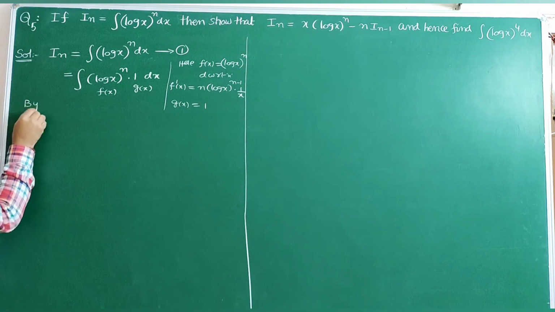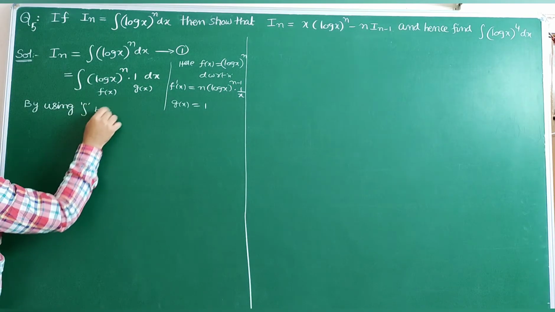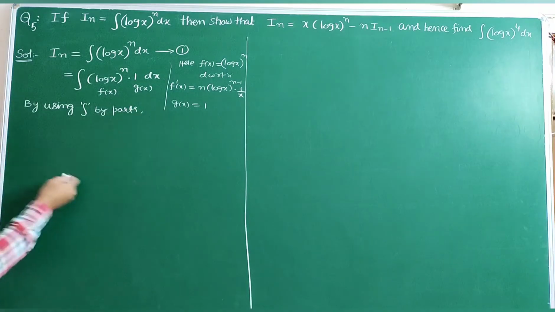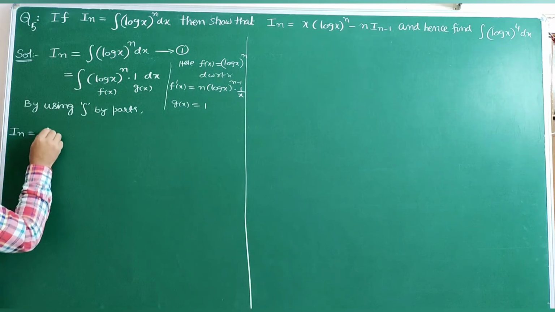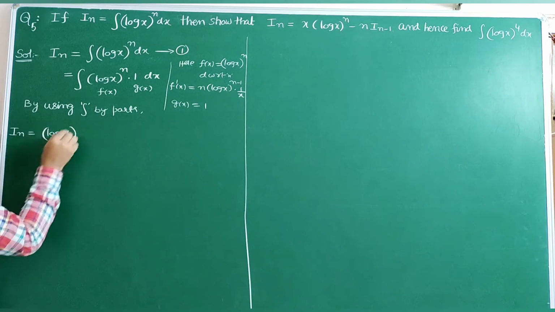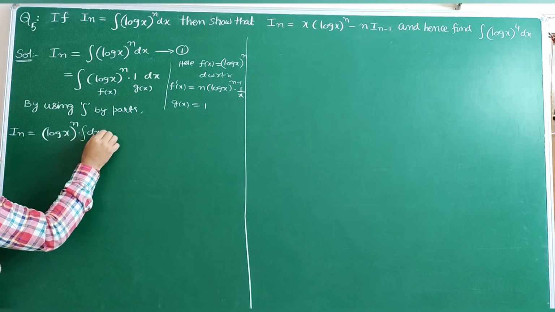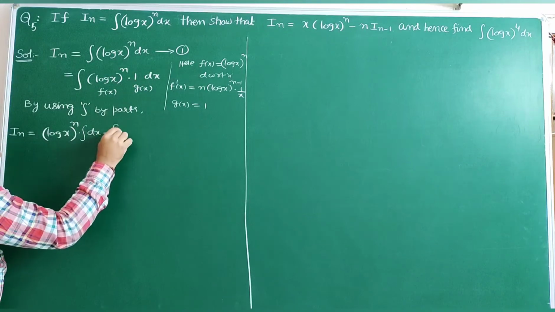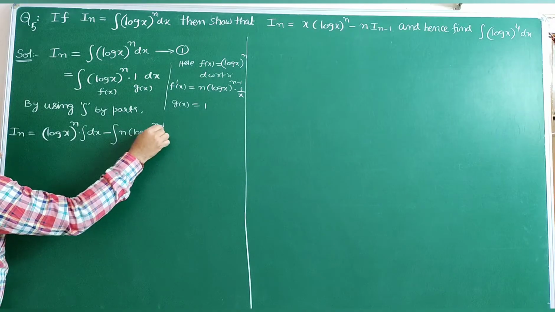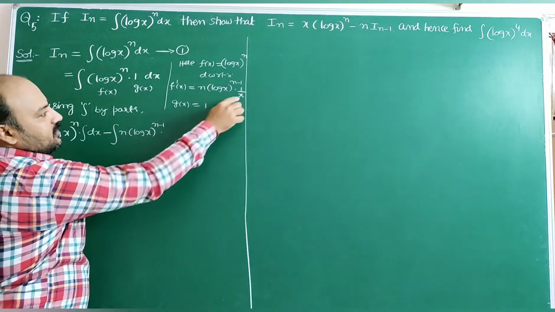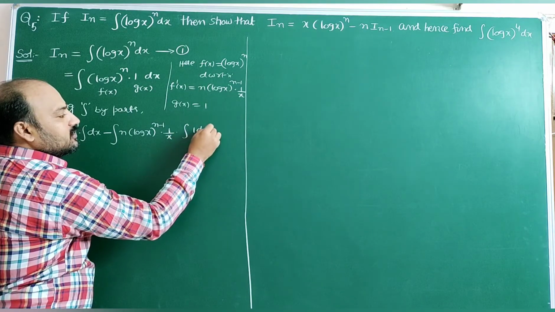By using integration by parts, In is equal to f of x into integral of g of x, so integral 1 into dx, minus integral of f dash of x, n into (log x) whole power n minus 1 into 1 by x, this value. Integral g of x means integral 1 into dx.